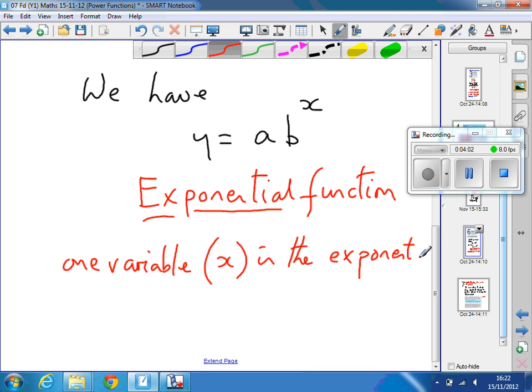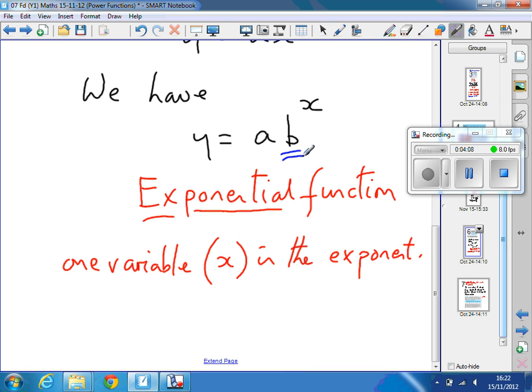And we'll see that this base value b here turns out in many naturally occurring events to be the natural number e, but we'll talk about that next time. So any function that has one of the variables in the exponent is called an exponential function, not just that one with a natural number. That's a special case. And in fact, it turns out that many have that form.